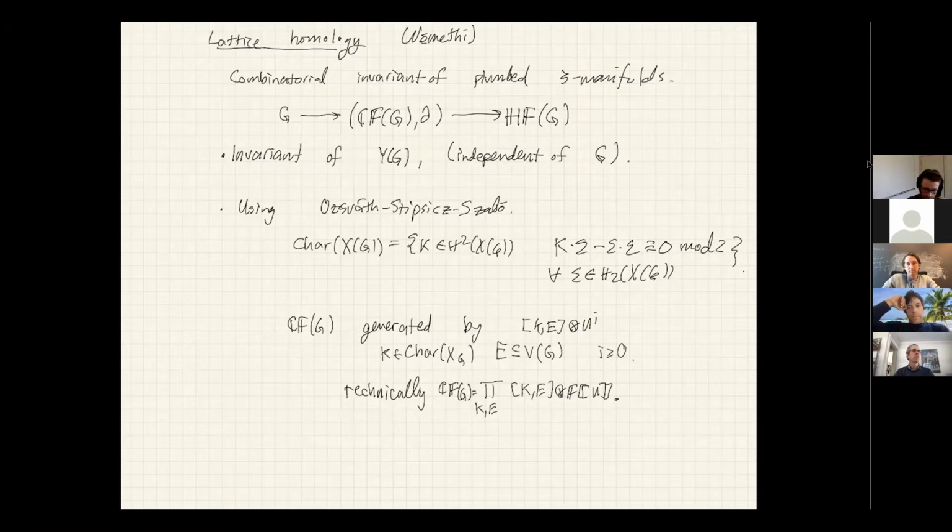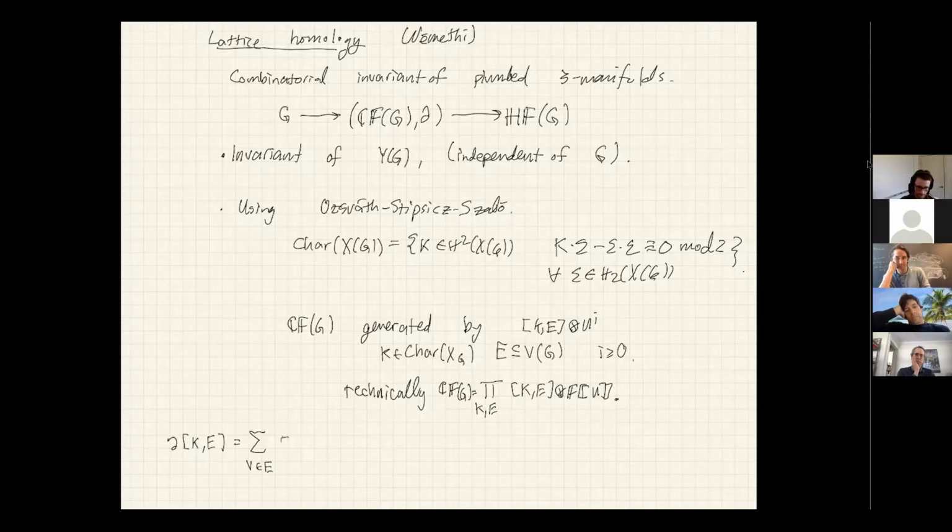Right. And so the differential, I'll give you a flavor of what this looks like. I won't tell you all the formulas involved, but if I take one of these pairs K, E, the differential is roughly two sums. There are two terms of the differential corresponding to two ways of deleting a vertex from E. In each term, we delete one vertex V, so we sum over the vertices in E, which are the ones we're going to delete.